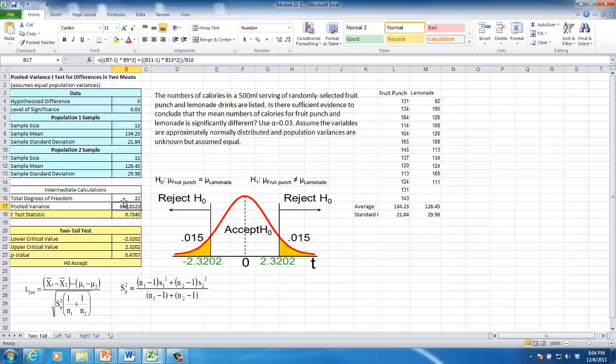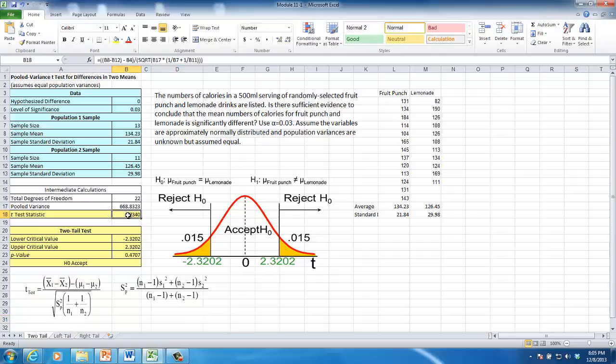Remember, B16 is the total degree of freedom, which means 13 minus 1 plus 11 minus 1, which is 22. So pooled variance is 668.8323.